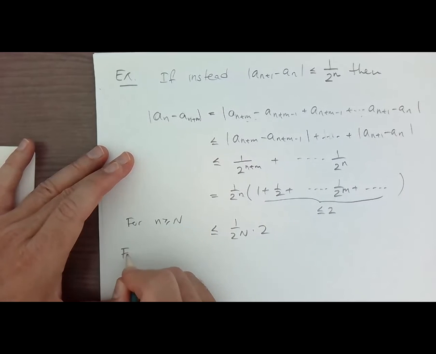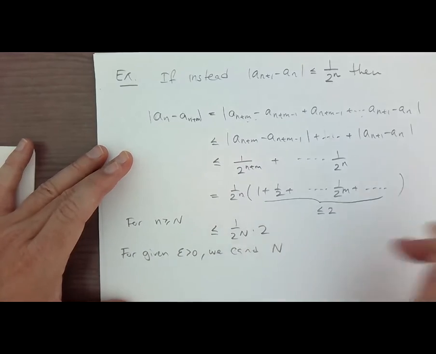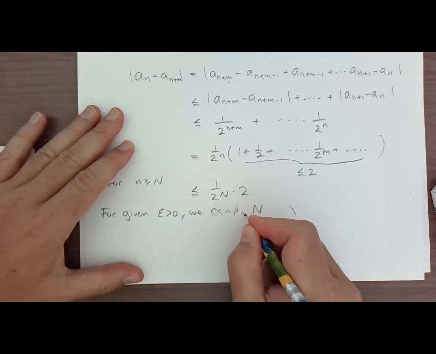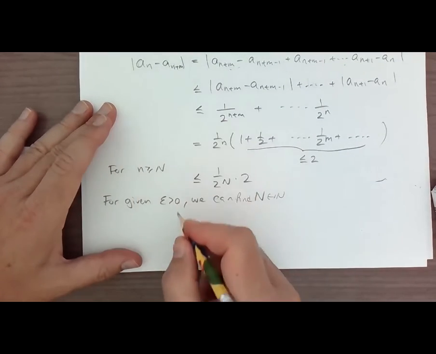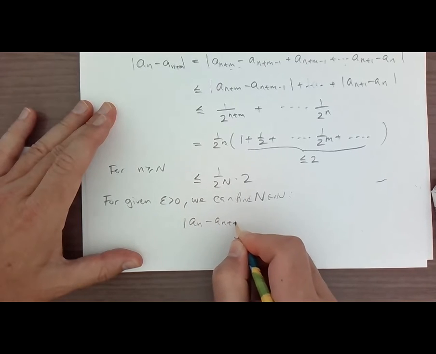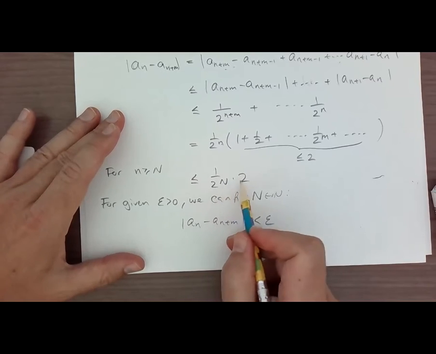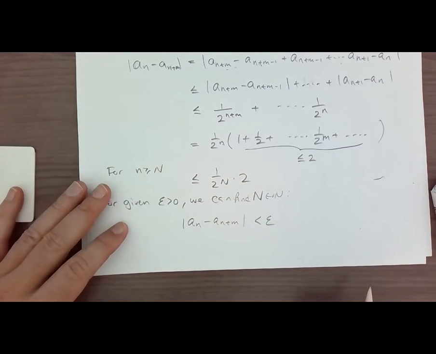So for given epsilon, we can find a big N such that this difference, a_n minus a_{n+1}, is going to be less than epsilon. Simply by choosing n sufficiently big, I can squeeze this number down to whatever I want.